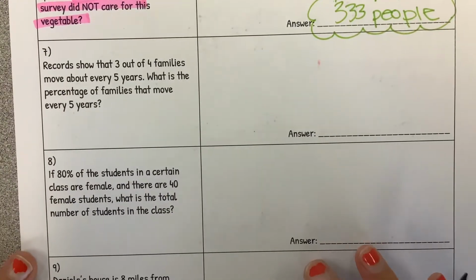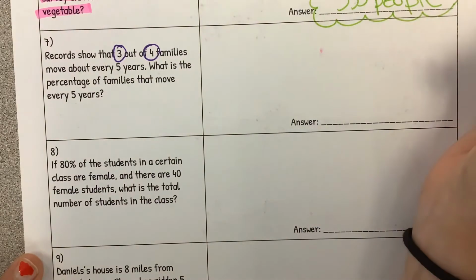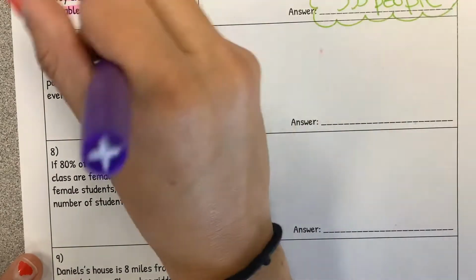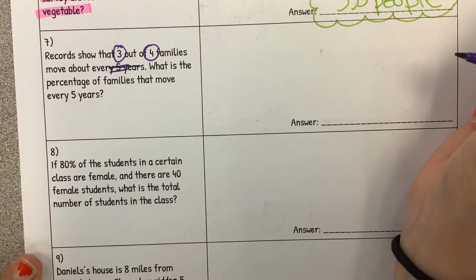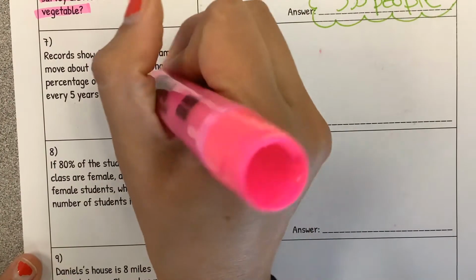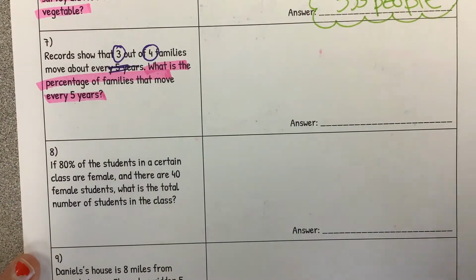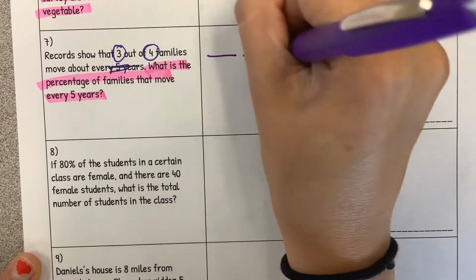Number 7. Records show that 3 out of 4 families move about every 5 years, okay? This 5 is just kind of extra information because it's telling us what we're talking about. What is the percentage of families that move every 5 years? So, set up our proportion.